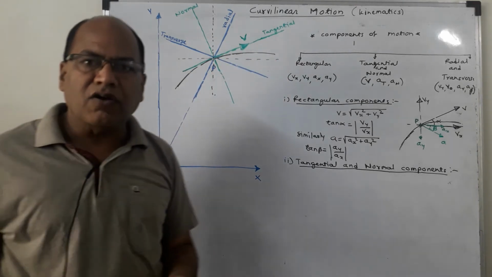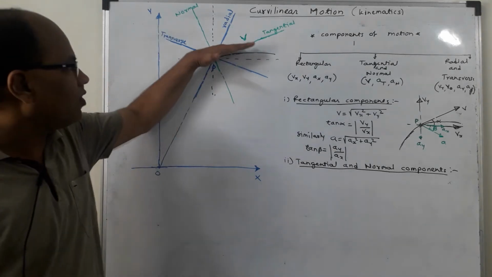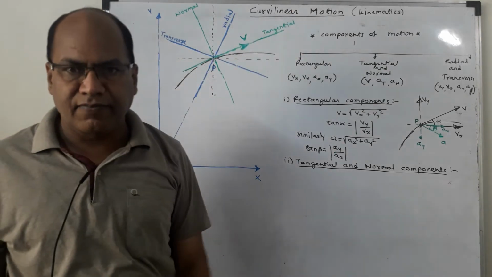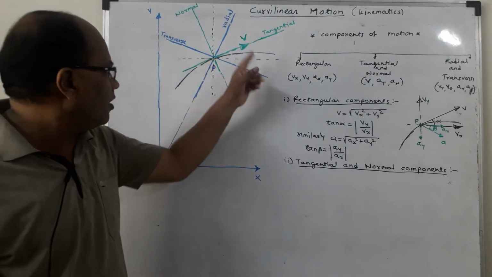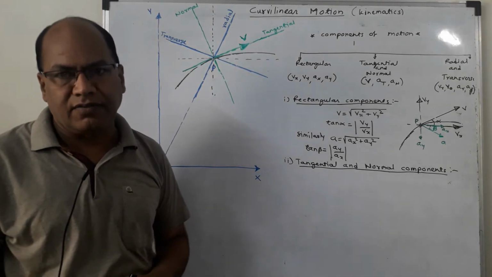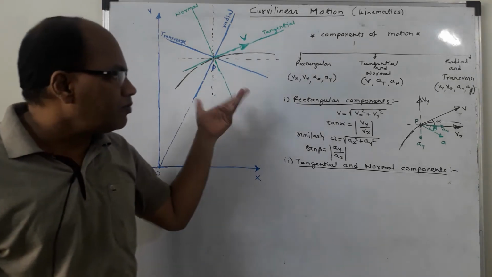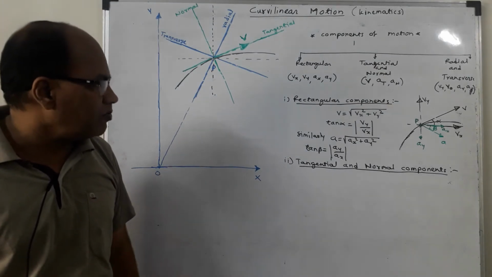So velocity is always directed along the tangent, and as such the direction of velocity is continuously changing. At every instant the velocity will be directed along a different direction, and as such the components of velocity change in the respective manner.